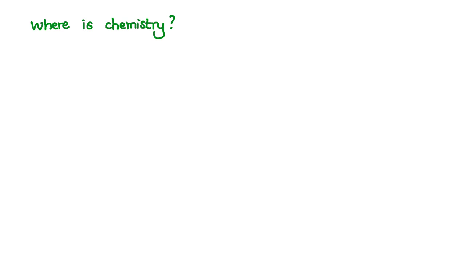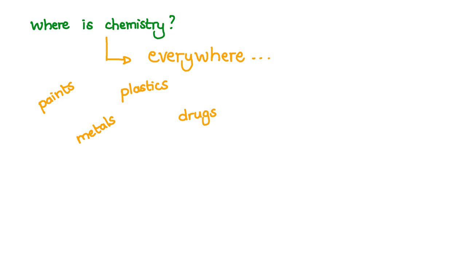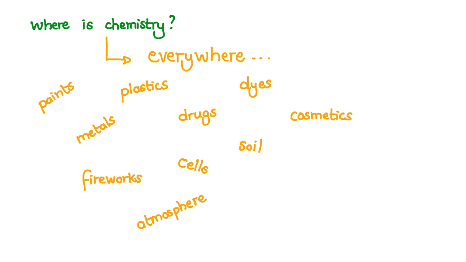Now, where is chemistry? That's a bit of a strange question. And the answer is very simple. Chemistry is everywhere. In paints, plastics, metals, drugs and medicines, dyes, fireworks, in the cells of living organisms, in the atmosphere, in the soil, cosmetics, in the hardware for technology, food, and even the stars.